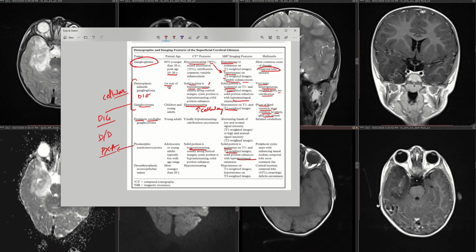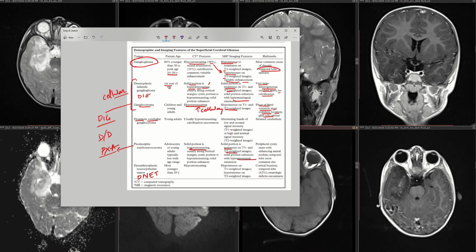Then you have dysembryoplastic neuroepithelial tumor, which is seen in patients younger than 20 years. It is hypoattenuating, so that becomes a differential. This is also called a DNET, and it is bubbly. So it is T1 hypointense and T2 hyperintense.